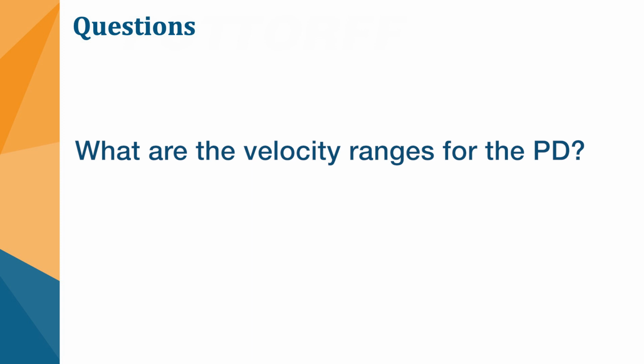It'll be in the AMC numbers, so typically 300 to 2,000 is where you're going to get your accuracy. You can use it at lower velocities, but anything below that 300, your accuracy is going to start suffering significantly. And it's going to be pretty similar for any air monitor units we have as well.